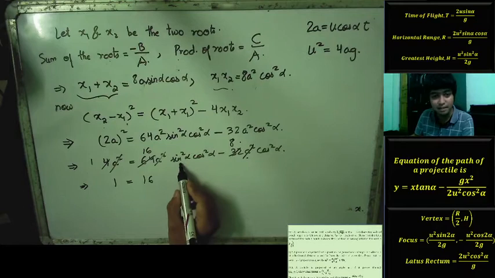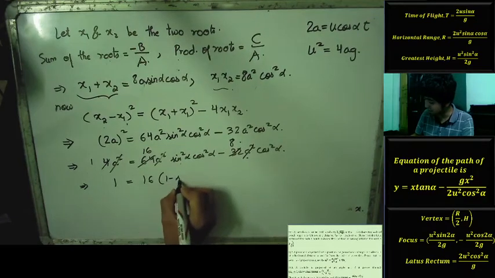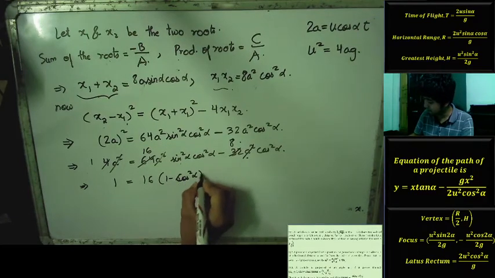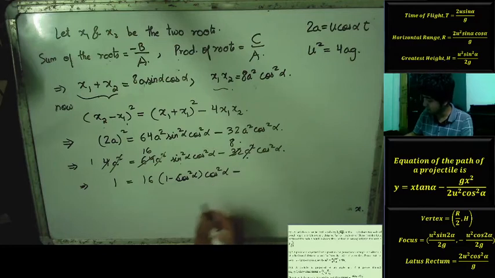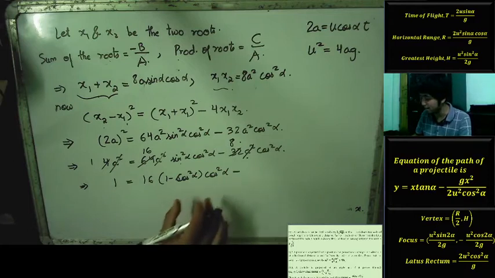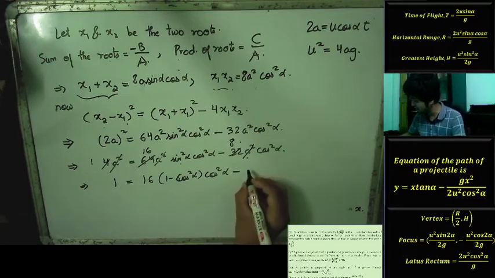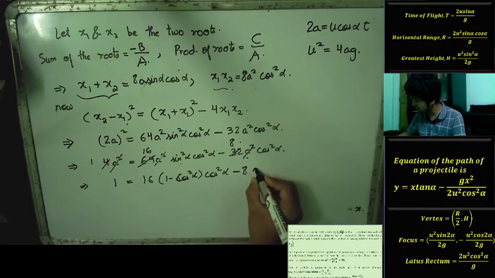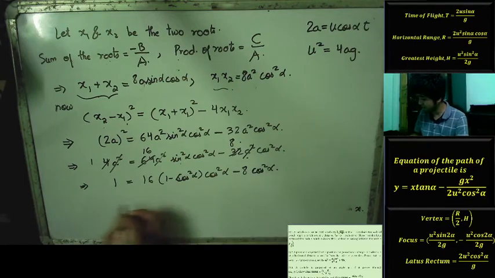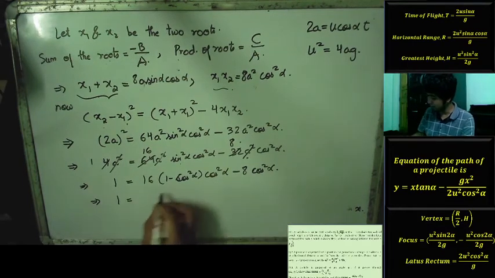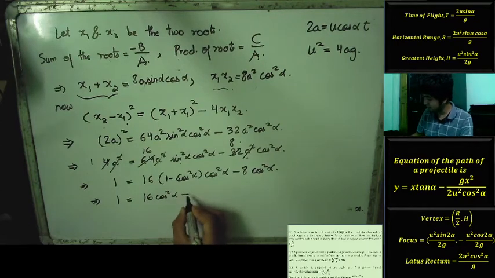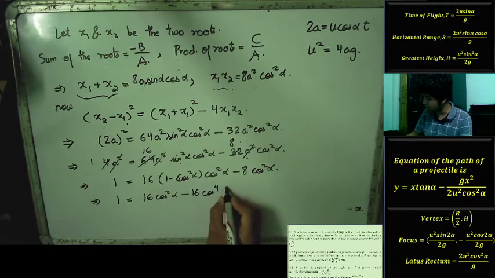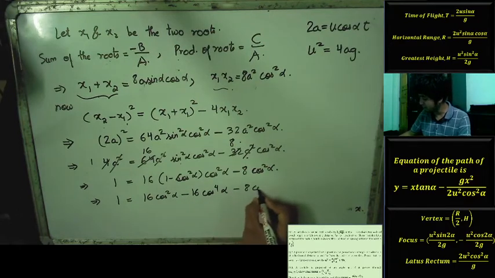Now we can also convert sin into cos, we can write it in this way, because if you remember what I said in the very beginning, we need the value of cos alpha. So that's why we are writing it like this. 8 cos squared alpha, so over here will be 16 cos squared alpha minus 16 cos power 4 alpha minus 8 cos squared alpha.